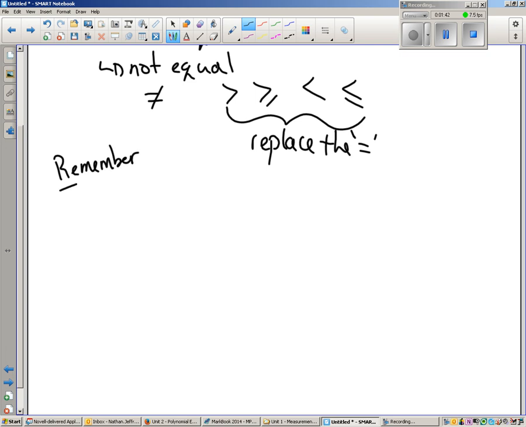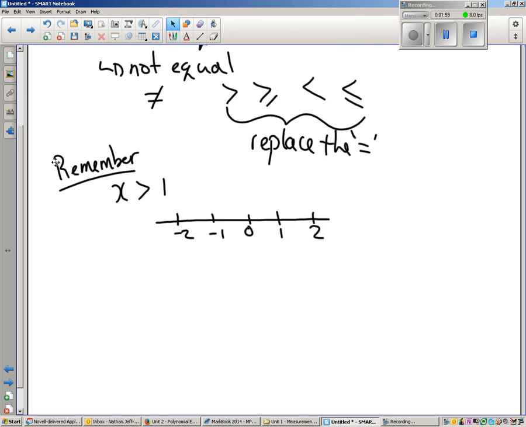And just so we remember, because we will be using some number lines early next week, if we have a solution that says x is greater than 1, on a number line with -2, -1, 0, 1, and 2, we put an open circle at 1.